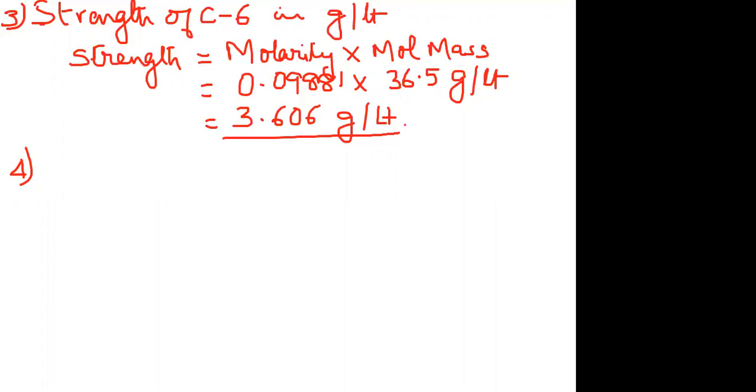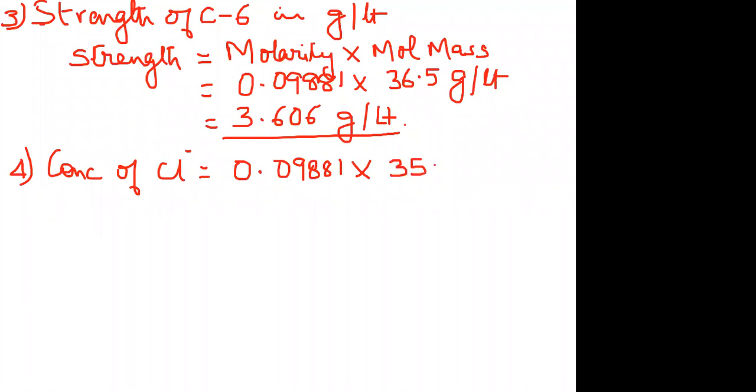So, concentration of chloride ions will equal the molarity of the solution, that is 0.09881, into the mass of Cl, that is 35.5.